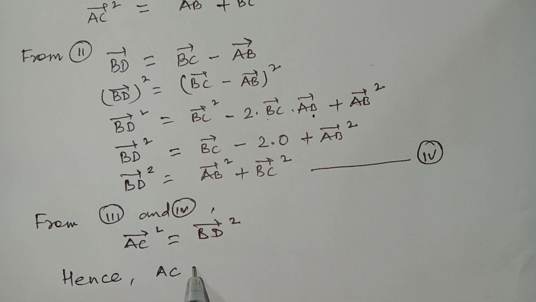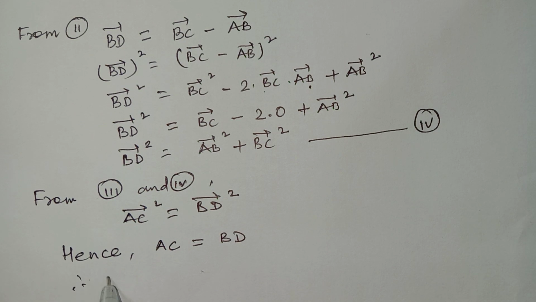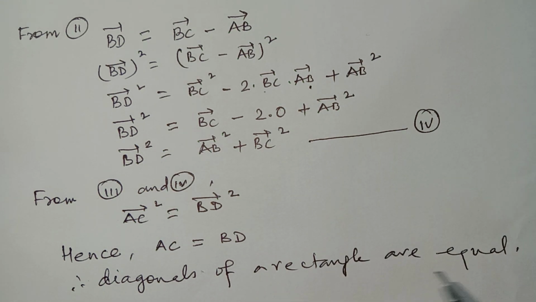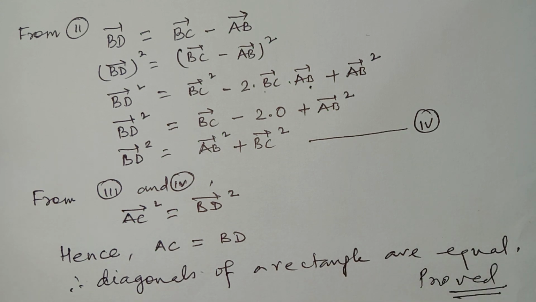Hence AC equal to BD. Therefore, diagonals of a rectangle are equal. This is also proved. Now let's take the last theorem of this session.